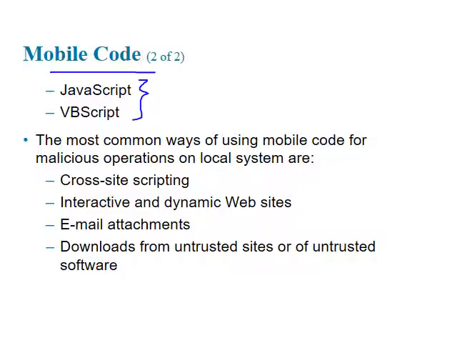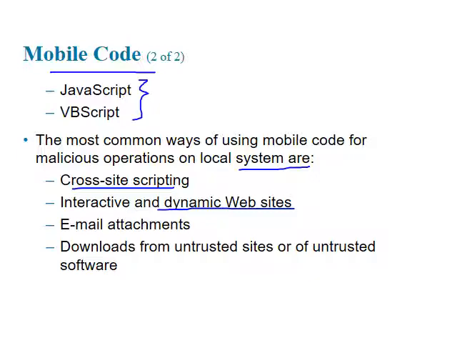The most common way of using mobile code for malicious operation on a local system is the cross-site scripting attack, used in interactive and dynamic websites like Web 2.0, where the user interacts with the web itself. This looks like when you view your Facebook page, your post, and some of your friends' posts, they share something, and then they ask you to click. So that's one of the ways they do it.